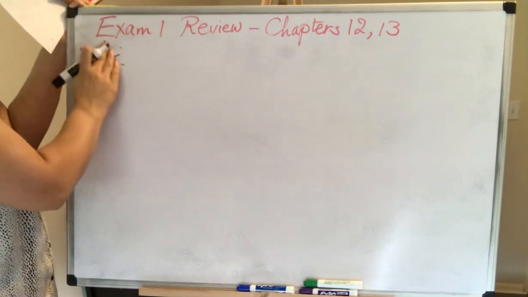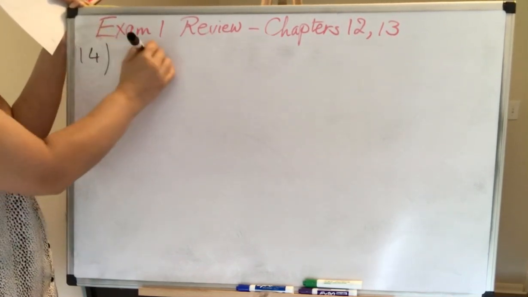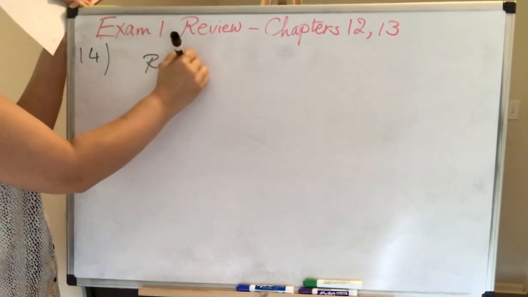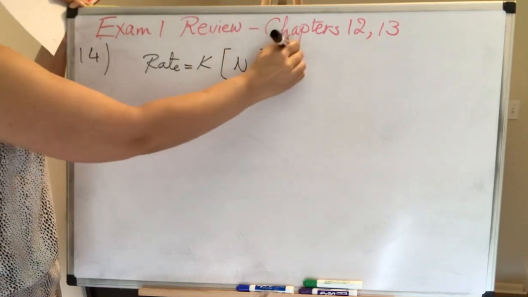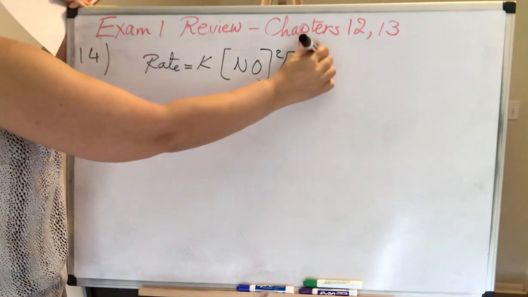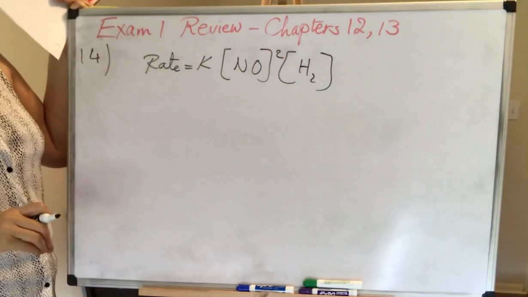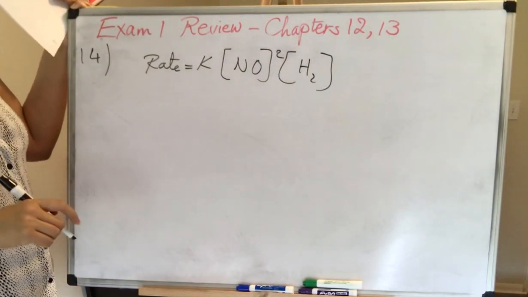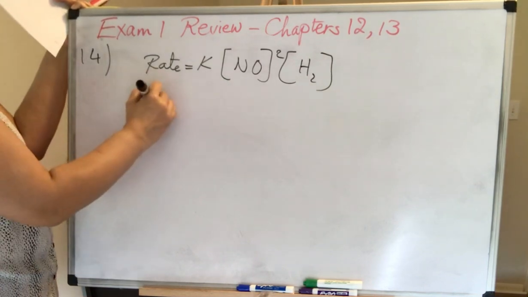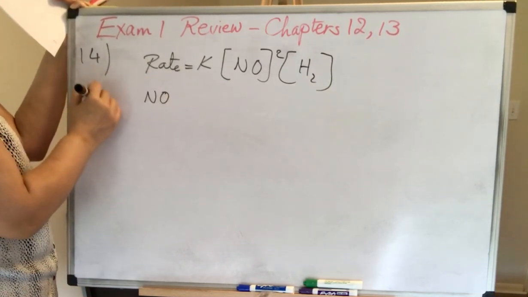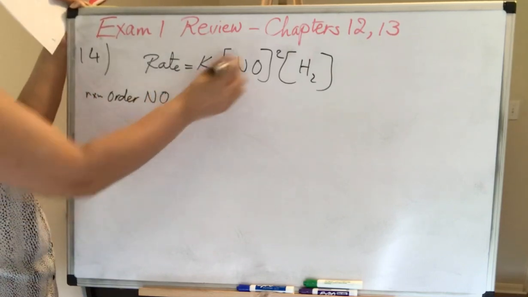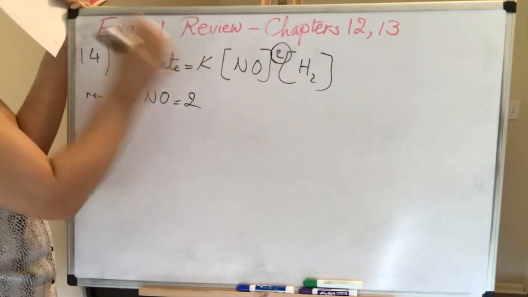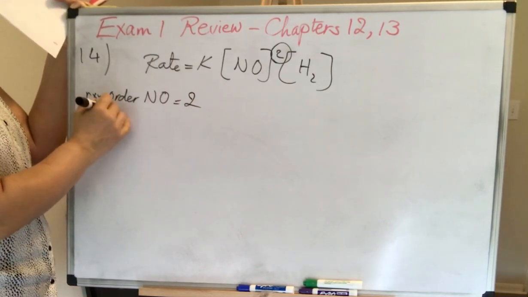The rate is given as K NO squared times H2. And we're looking for the reaction order with respect to nitrous oxide. Reaction order for nitrous oxide. This is the exponent, which is the 2.